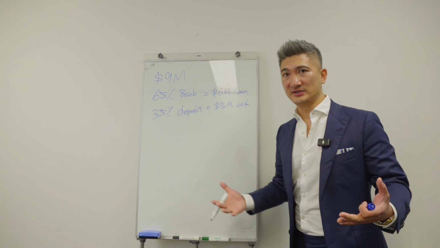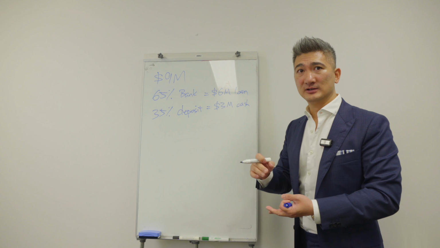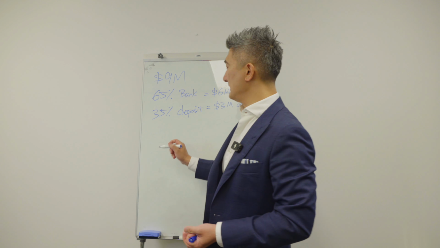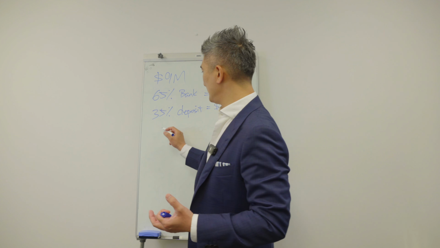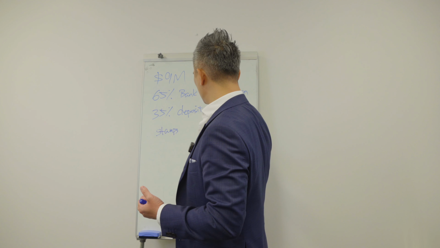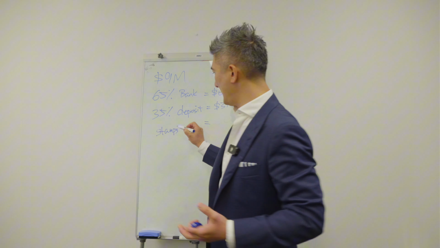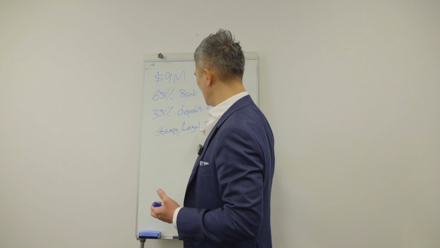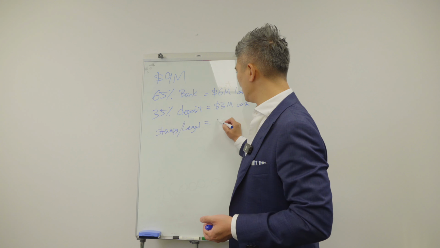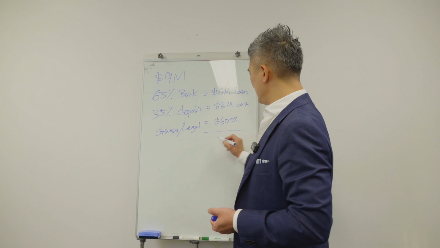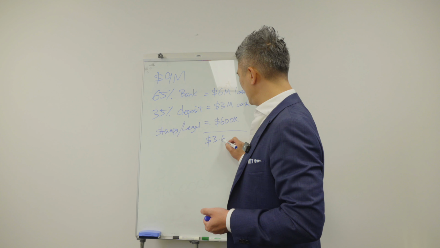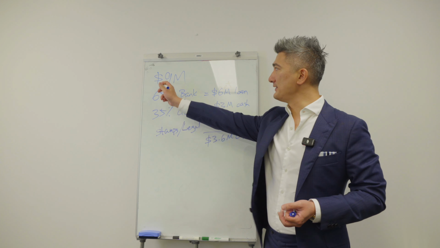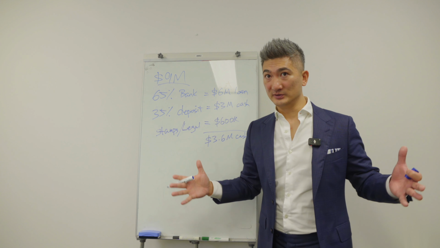And then you've got purchasing costs like stamp duty and legal fees. A property like this, the stamp duty is roughly about 600,000, and with legal fees and all that, let's just call it roughly 600K. So typically you would need $3.6 million cash to buy a $9 million property.